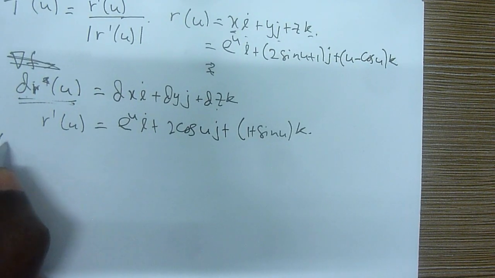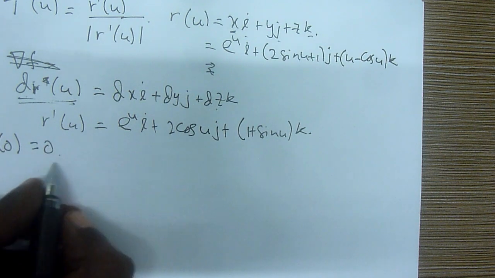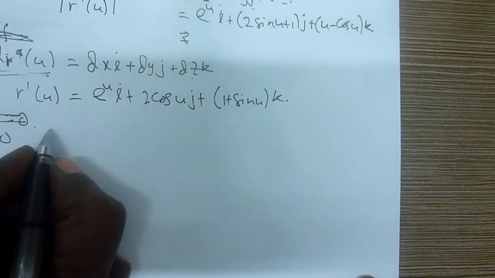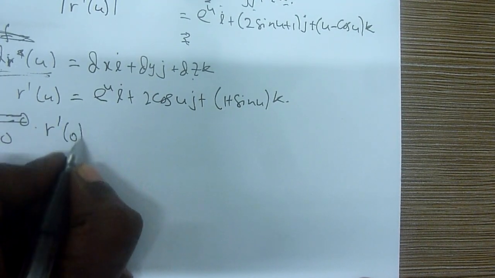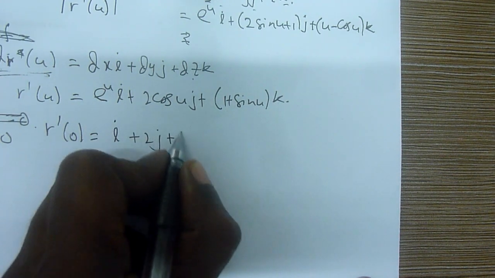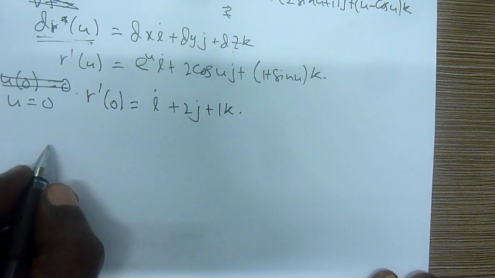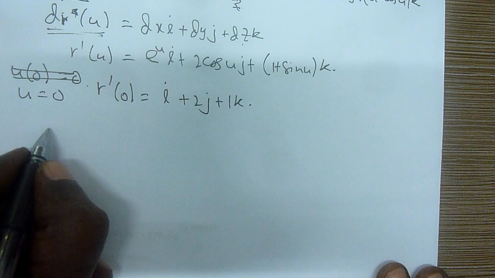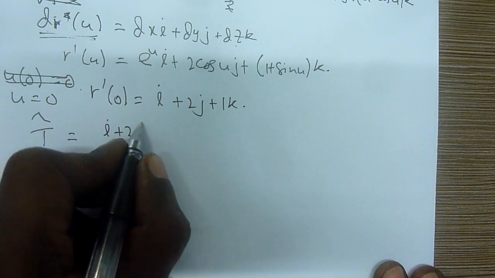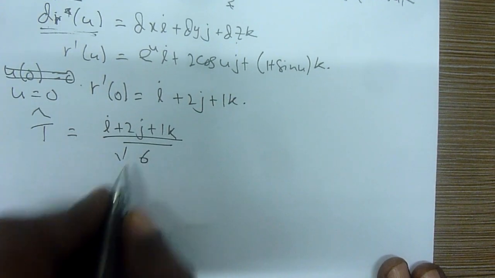Therefore, once you plug in u equals 0, r prime of 0 gives you 1 i, 2 j, 1 k. Can I find the tangent vector? Yes. Now 1i 2j 1k has magnitude root 6.